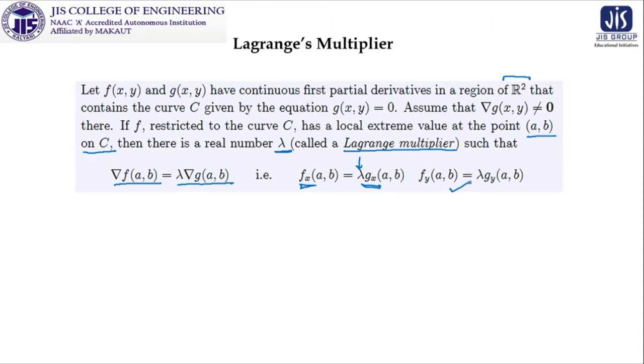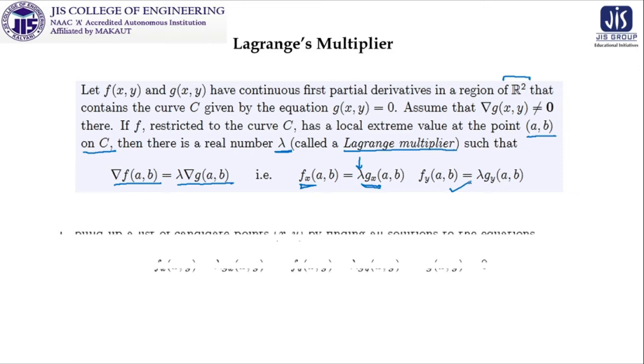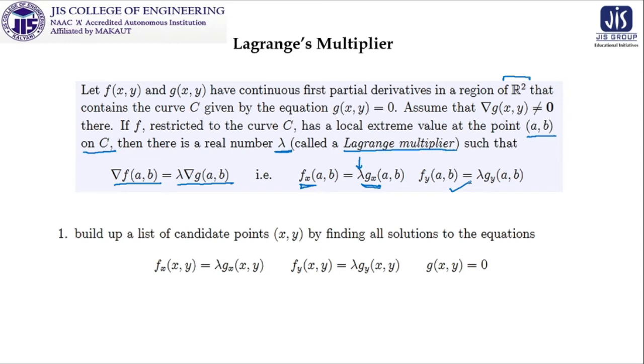When we solve the problem today in this lecture, the concept will become more and more clear. So our job is to build up the list of candidate points, means those points which follow these conditions.